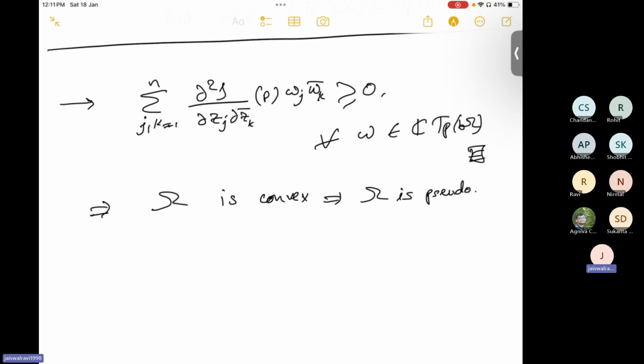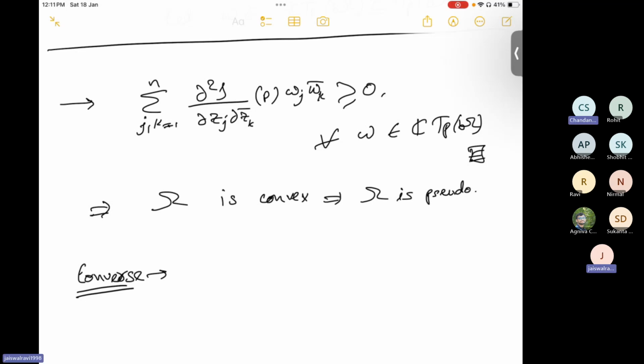Or it is saying basically more than that: if the point P of the boundary is convex, then the point P of the boundary is a point of pseudo-convexity. And what about the converse? Can anybody guess, is the converse true or not? That is, if omega is pseudo-convex, is it necessarily convex?